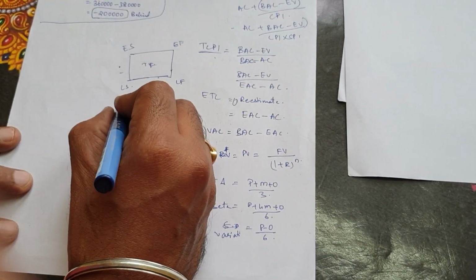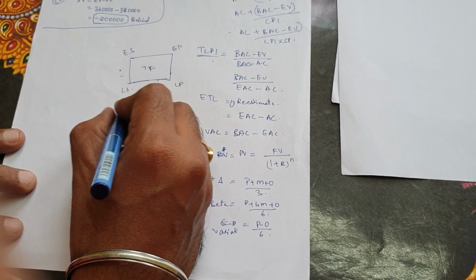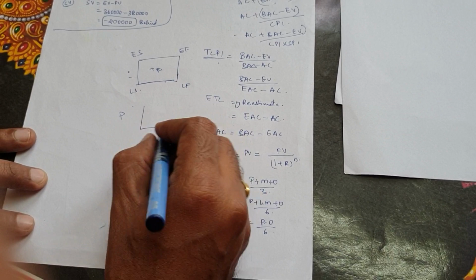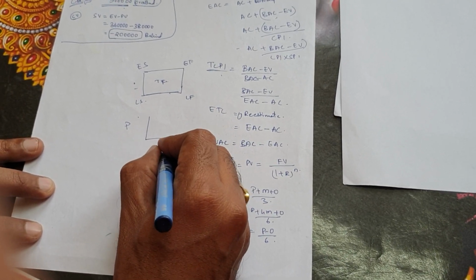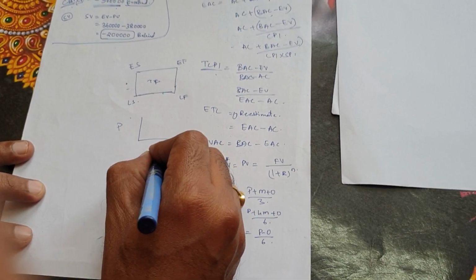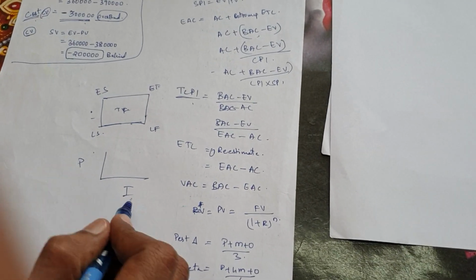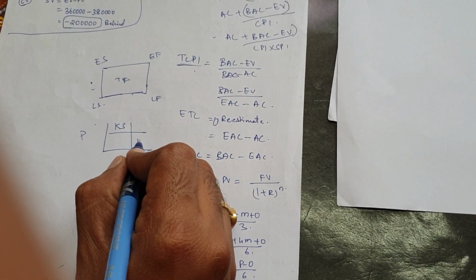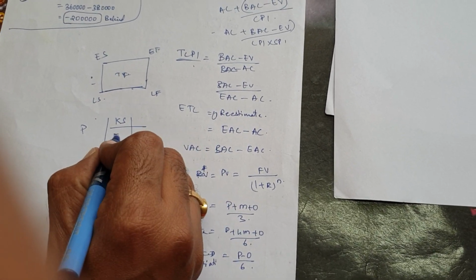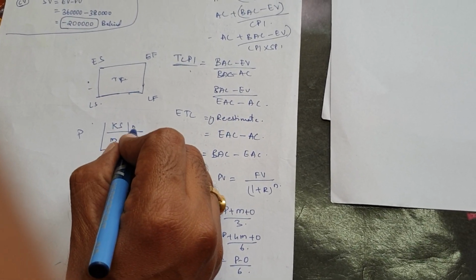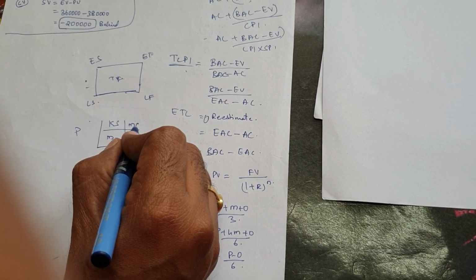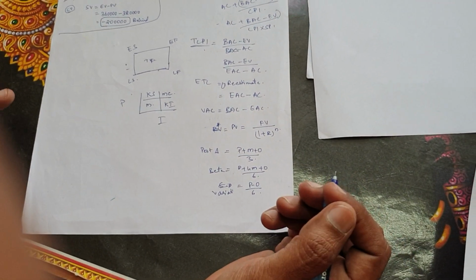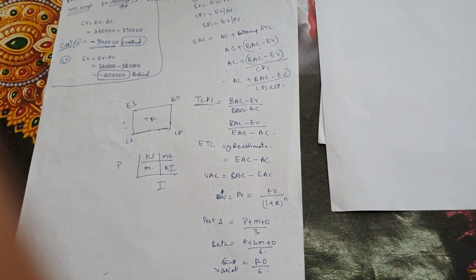And then you can also draw your stakeholder influence diagram, which is a graph of power and interest, and here it is keep satisfied, keep informed, monitor, manage closely. And then I think this is pretty much what you will require for the examination.